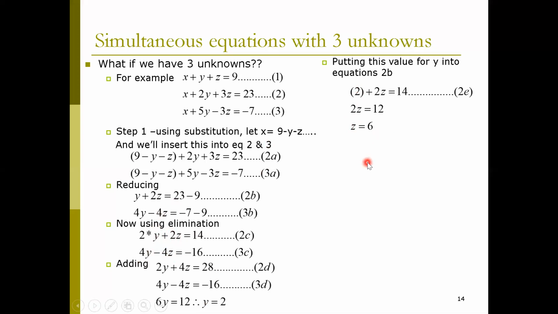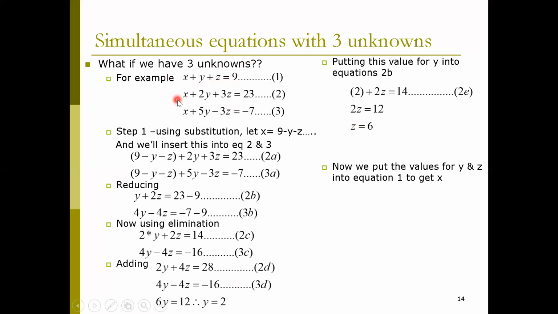Now here's one of the key steps in solving simultaneous equations with three unknowns, and this involves taking our two known values now for y and z and substituting them into one of our three original equations. You can use any of those three, but it makes sense to use equation 1 because there are no coefficients.